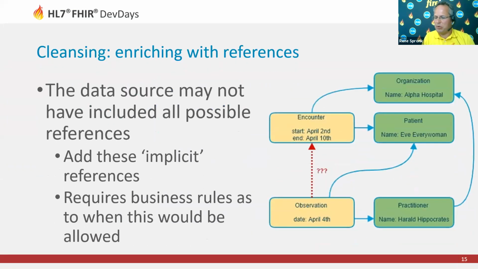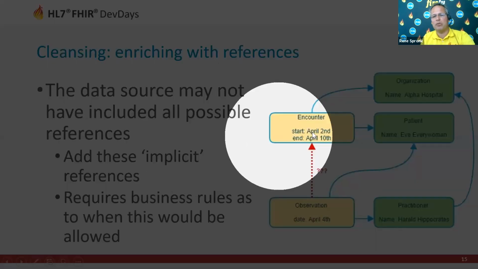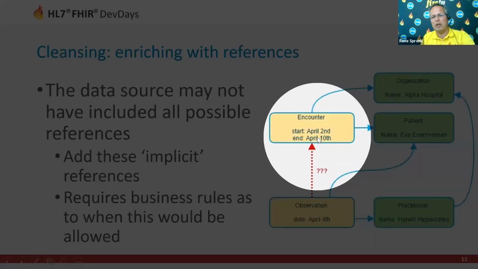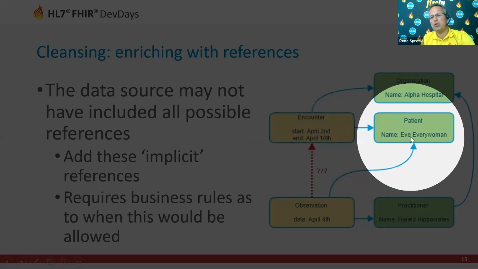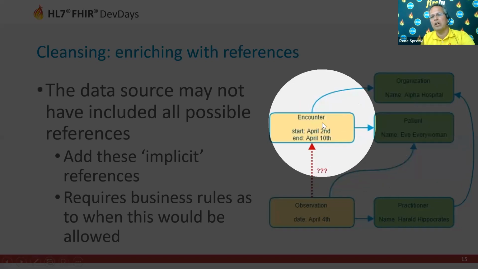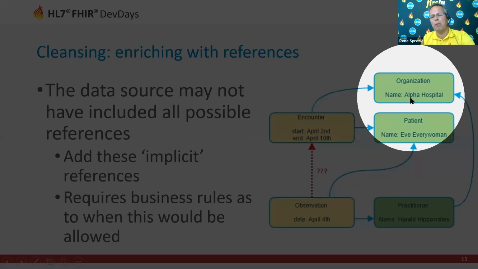Now, another thing that we saw in some projects was that sometimes the source systems do not have certain references. So let's say you have the graph on the right-hand side. We have an encounter between April 2nd and April 10th, between patient Eve Everywoman and the organization Alpha Hospital.